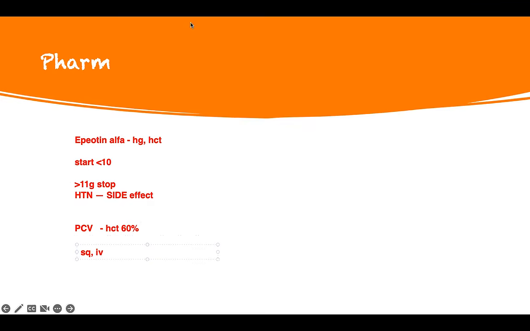The second one is platelet. If your platelet is low, the common drug that we can use to help with is, I call them opera, oprelvekin. This is going to increase your platelet, in addition to transfusing them with packs of platelets. But it has side effects.